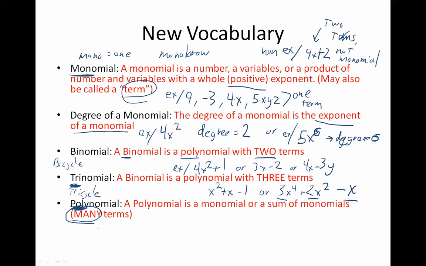The other way we might say this is any number of terms. It's kind of like the umbrella vocabulary, the parent vocabulary. Polynomial refers to all things monomial, binomial, trinomial. They are all types of polynomials.